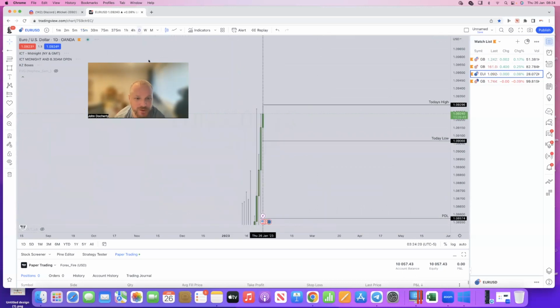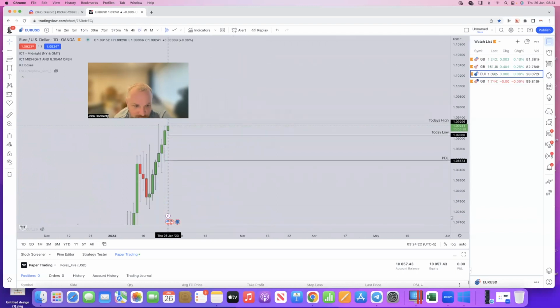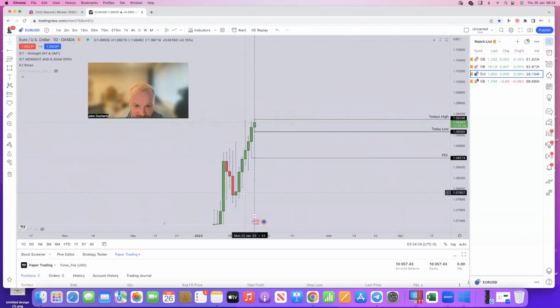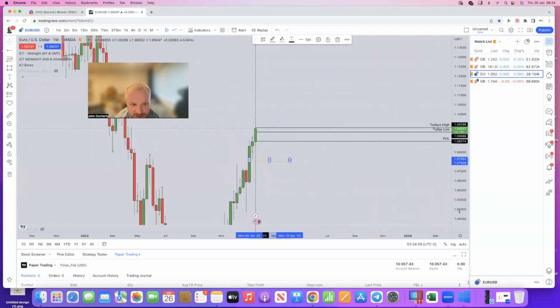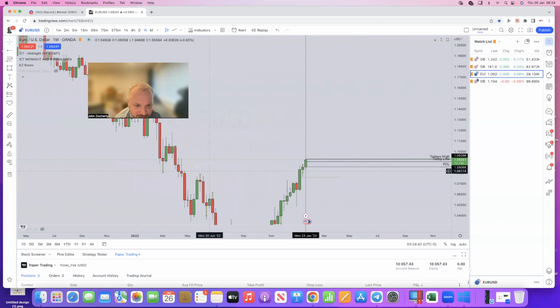If I take this up onto a daily, we can see we've just been spiking massively. 1, 2, 3, 4, 5, 6. And again, below here, we've got some sell side liquidity on that daily there. I just want to have a quick look on the weekly, see if there's any targets up here as a fresh.